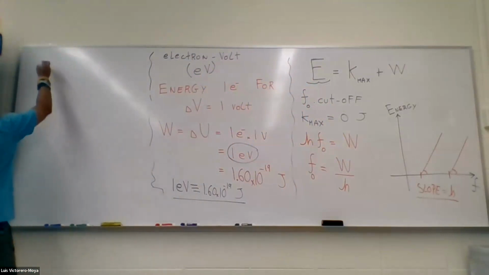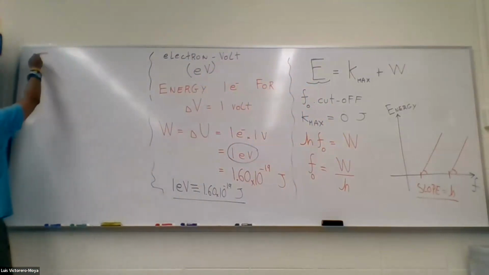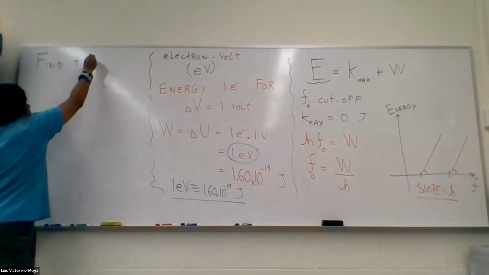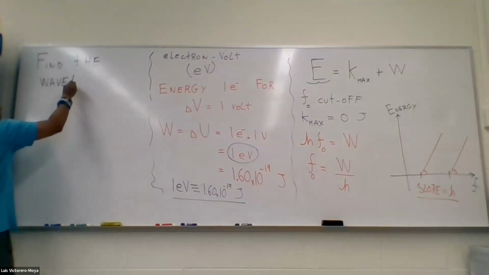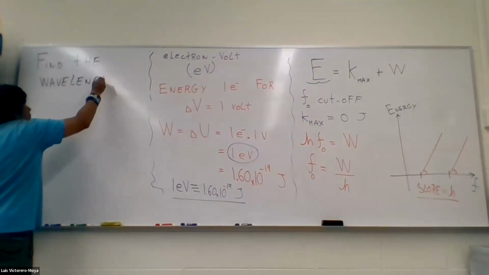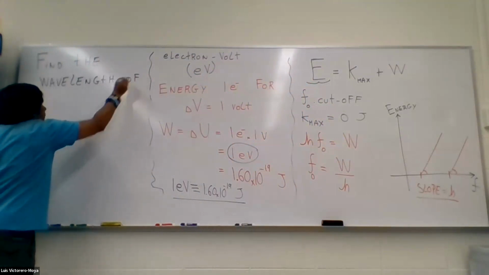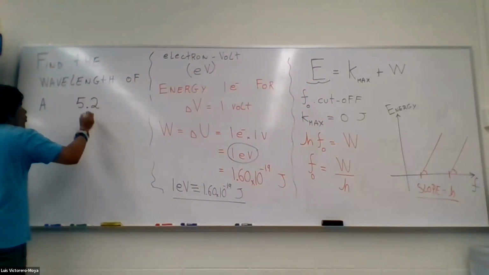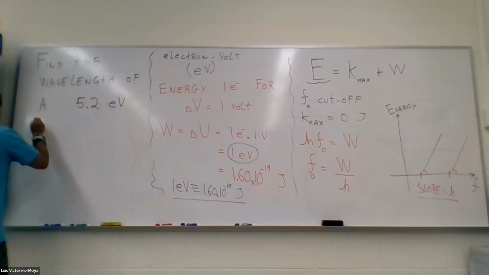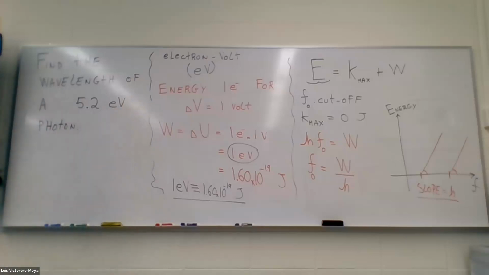So for example, find the wavelength of a 5.2 electron volts photon. All right, that can be a question.